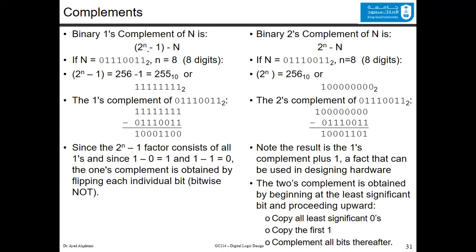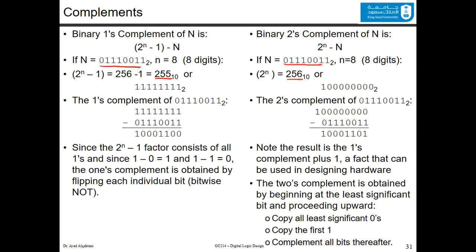Now, to take an example, if n is this number, which has 8 bits or 8 digits, then 2 to the power of n minus 1 is 255. 2 to the power of n is 256. Now, the 255 in binary representation is 1111 1111.